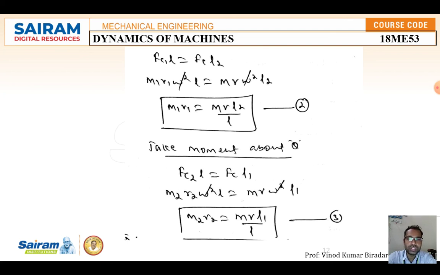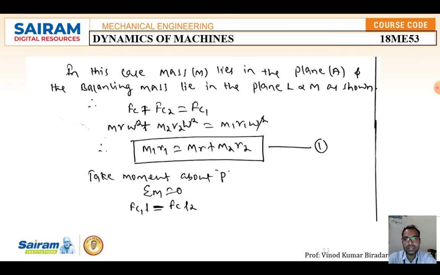Moment is force into distance, Fc2 into l is Fc l1. Substituting the formulas, m2 r2 omega square l is equal to mr omega square l1. Solving that equation, you get m2 r2 is equal to mr l1 divided by l. Give equation number 3.